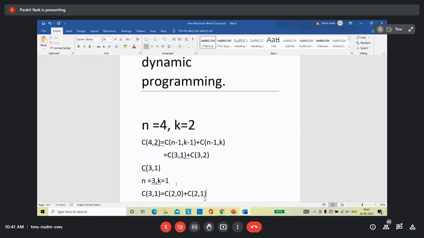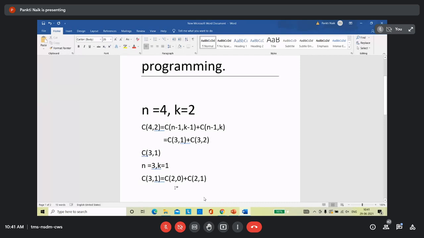So again we get new sub-instances. Now, whenever the value of k is equal to 0, what is the binomial coefficient value? 1. Whenever k is equal to 0, the binomial coefficient value is equal to 1. So we can write 1 here.